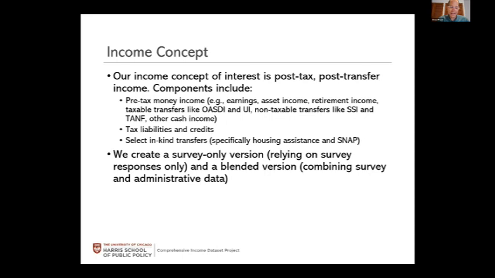We account for tax liabilities and credits, and we include housing benefits and SNAP, which are in-kind benefits. We create a survey-only version by relying only on survey responses, and then a blended version that combines survey and administrative data.